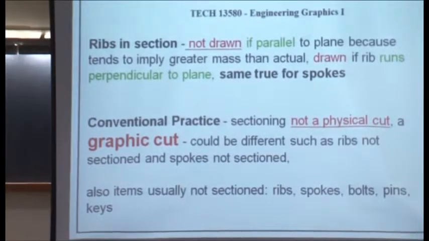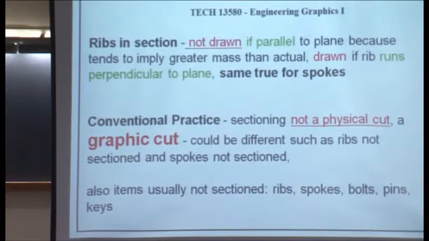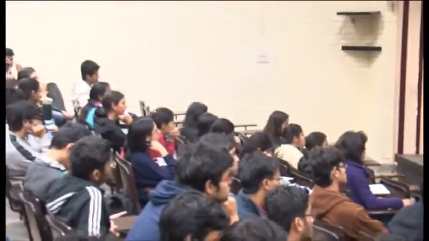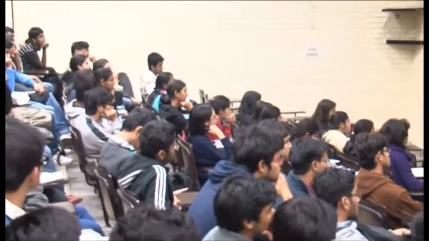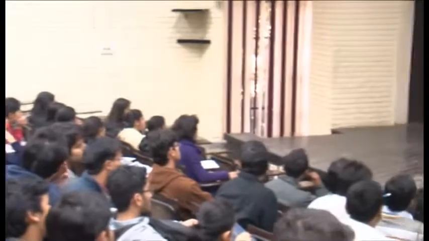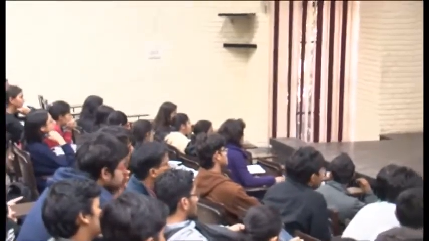Okay? How does it make a difference and what does it tell? Which one? It's in section. Drawn when perpendicular to the plane. There is a section when the plane is perpendicular to it. Yeah. How does it make a difference? Well, you then get the true thickness of the rib. You then tend to get the true thickness of the rib.